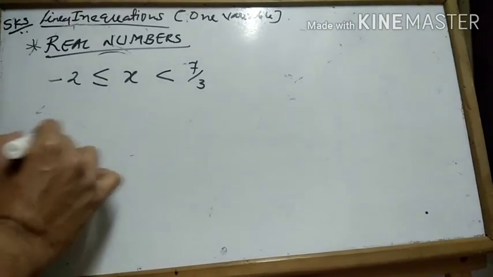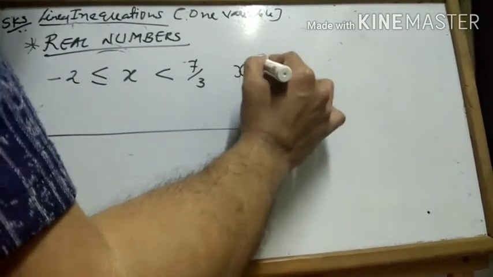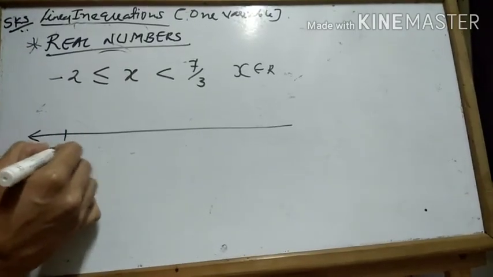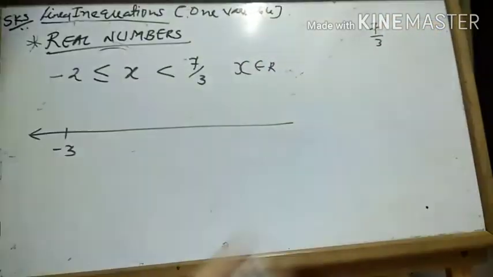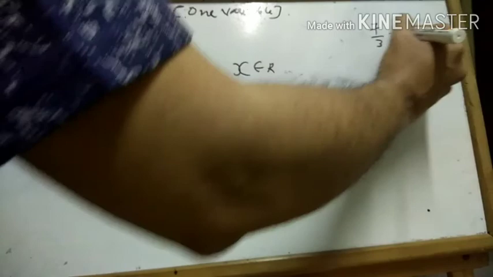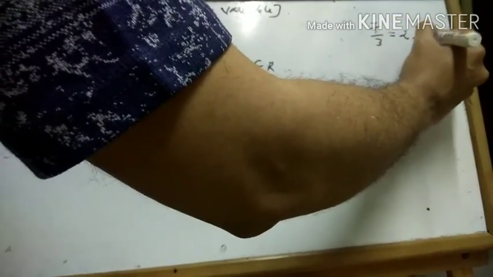Now I'll draw the number line, and they have mentioned that x belongs to real numbers. I'll draw the number line; negative 2, so I will begin with negative 3. In the rough work, you can convert this into a mixed fraction: 3 twos are 6, so 2 1 upon 3.